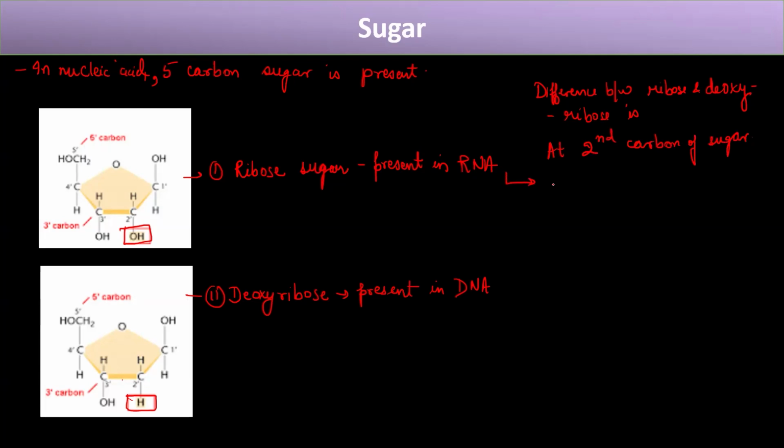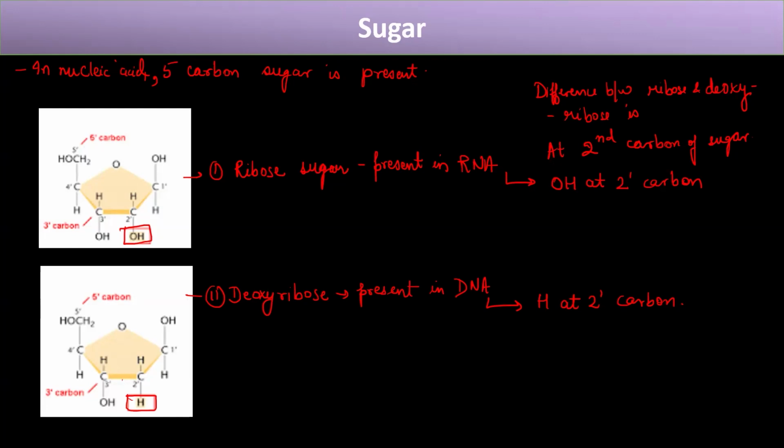In the case of ribose, what do we have? We have OH at the second carbon. And in the case of deoxyribose, what do we have? We have H at the 2' carbon of the sugar. So this is the difference between the deoxyribose and ribose sugar, and ribose is present in the RNA, while the deoxyribose is present in the DNA.